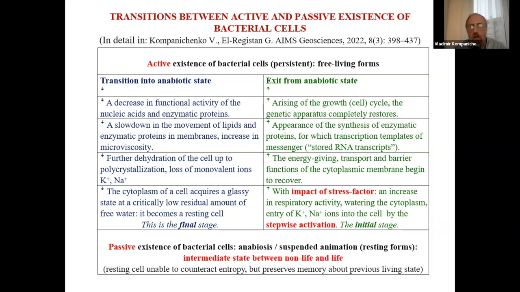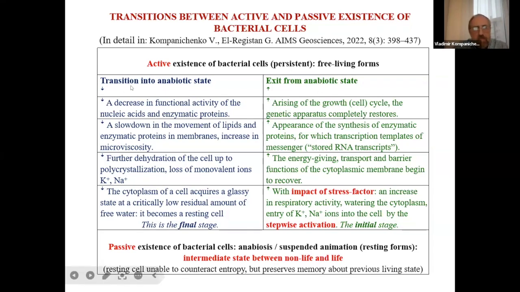Considering microbial world, we can find all 4 points in the anabiotic process of existence of microbial populations.